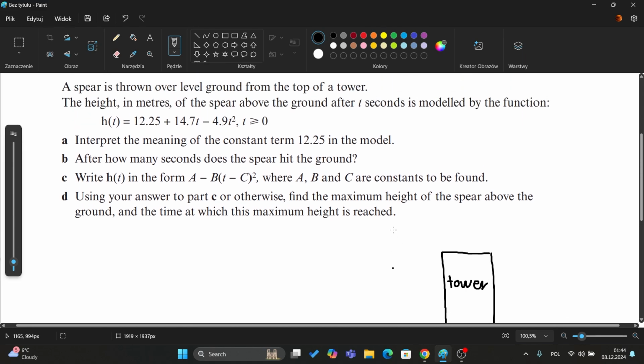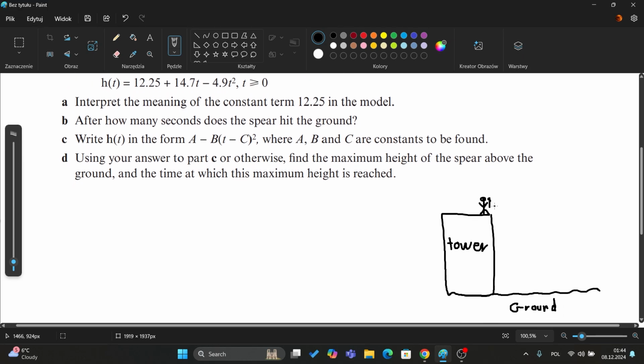There is someone, like a stickman, throwing a spear, and if they throw it, the flow of it will be something like this.